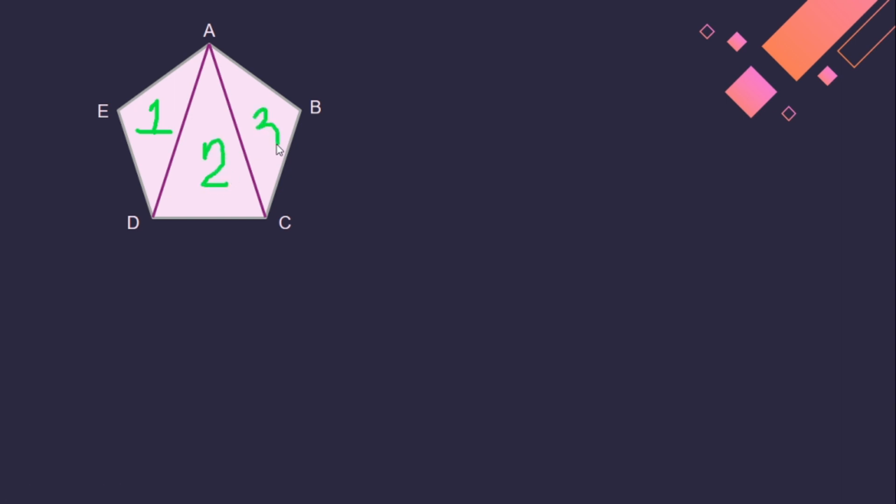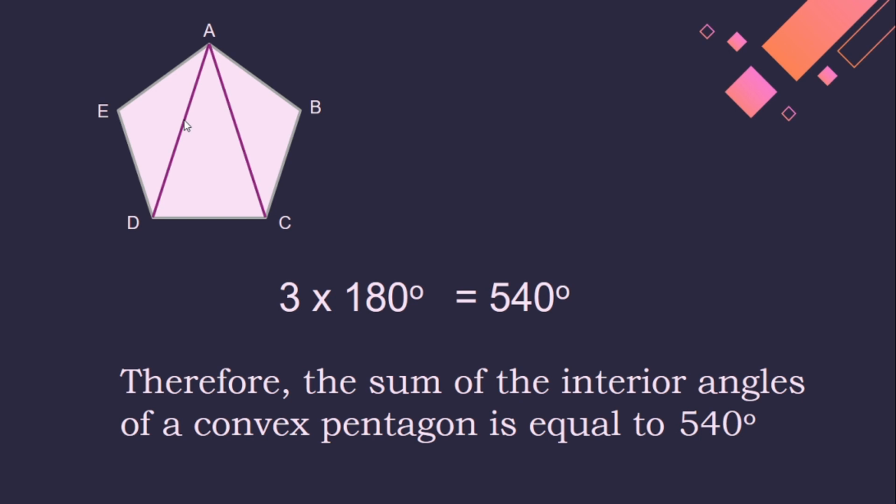So we have three 180 degrees as the sum of the interior angles because we formed three triangles. We can say that 3 times 180 degrees is 540 degrees. So this pentagon has a sum of interior angles of 540 degrees. Since we formed three triangles, we have three 180 degrees, and that is 540 degrees.